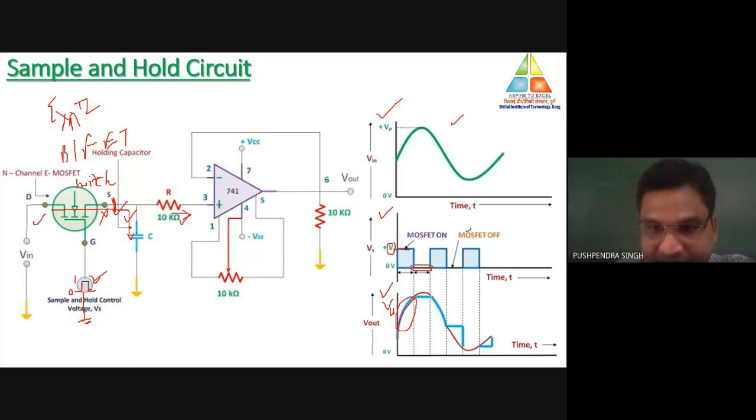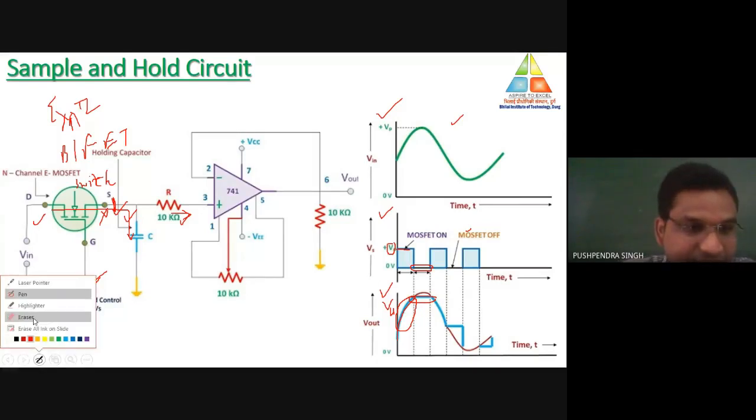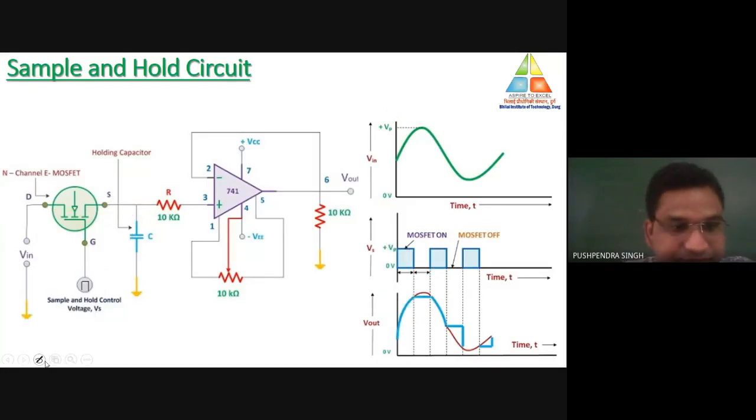The signal should actually flow through this particular path now, but the capacitor is holding the charges. So from here to there, you can see the capacitor is charging the same as the input sinusoidal waveform, but when the E-MOSFET is in off condition, the capacitor holds the data. So the output is constant.